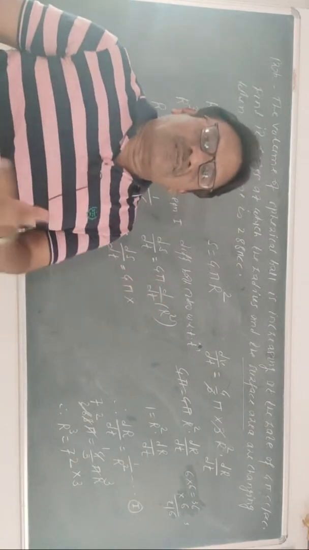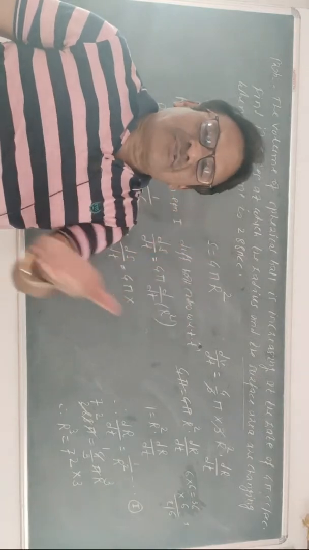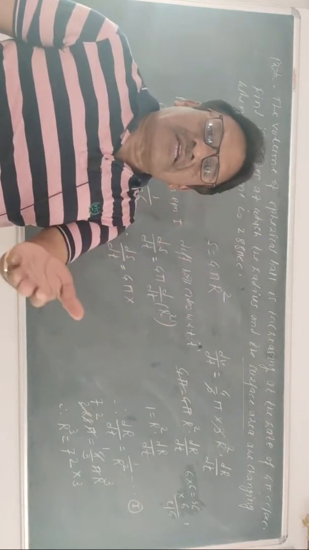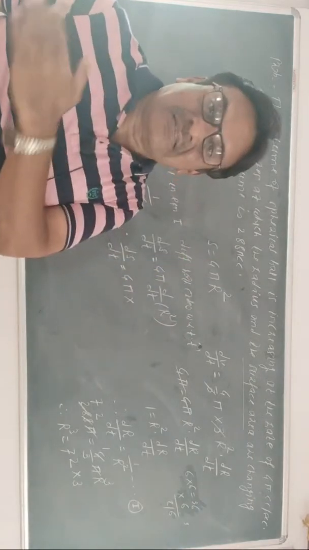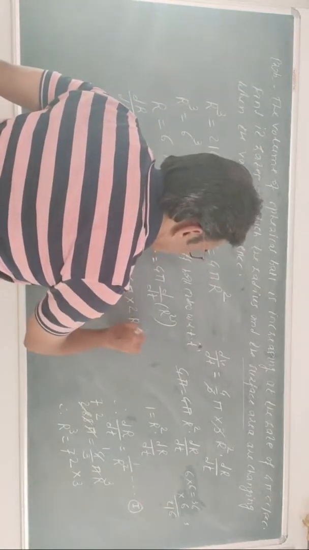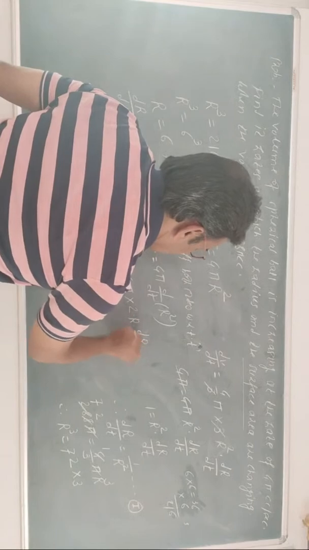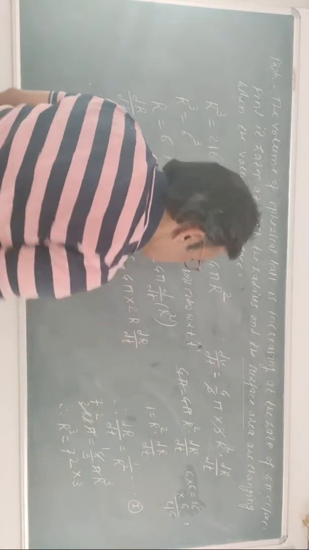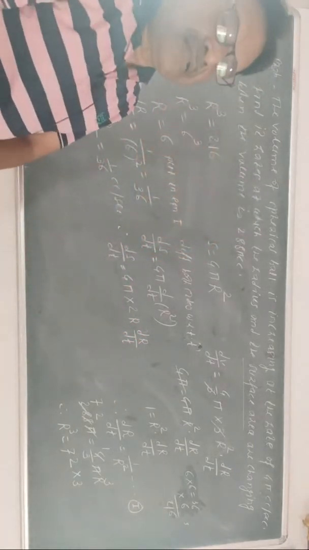Again we use the formula d by dx of f(x) to the power n, which is n times f(x) to the power n minus 1 into f dash of x. Therefore here 2 into r into dr by dt.